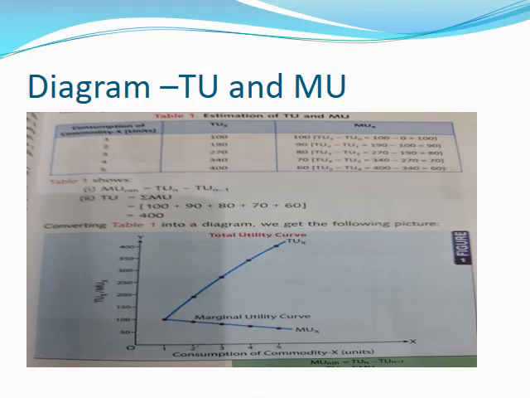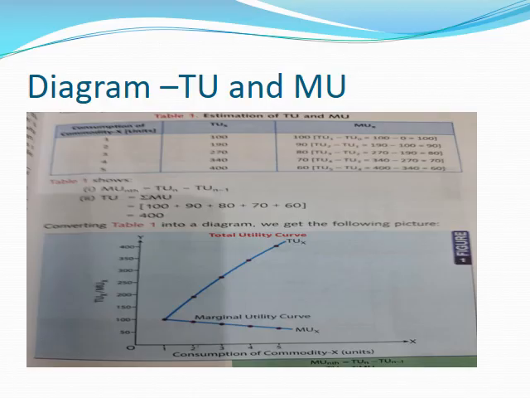First of all, you draw the total utility curve. For the first unit, mark the point at 100. From the consumption of the second unit, the total satisfaction derived is 190, so you mark the point against 190. In this way, you keep on marking the points and after joining them, you will get a curve. This is known as the total utility curve.